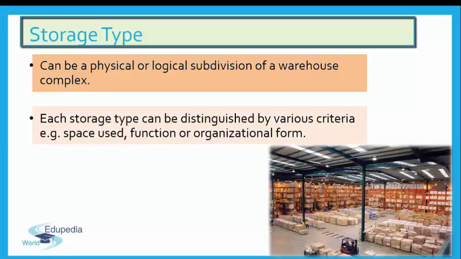Another storage type in that same warehouse may be bulk storage, and different types of storage that we find in a warehouse. So a storage type basically separates storage spaces in a warehouse based on different storage requirements.